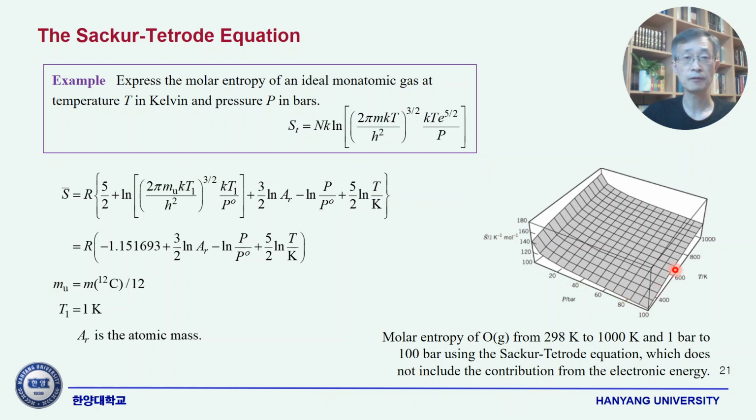As the molar entropy, we use the capital N as Avogadro's number, so N_A times k is R, that's R here.